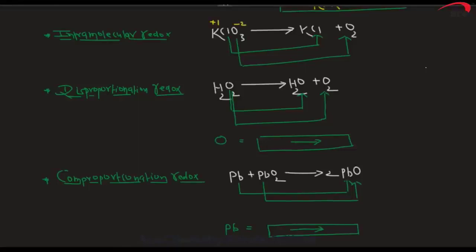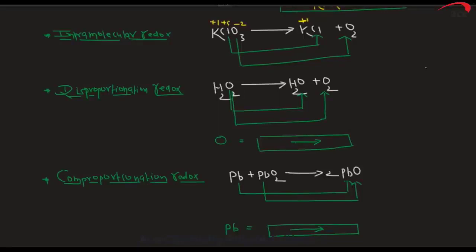Here the charge of chlorine should be +5. Now KClO3 is undergoing decomposition since there is one reactant giving 2 products. So here the charge of potassium does not change. Please remember, if the charge of any chemical species in a redox reaction does not change, that species is referred to as a spectator ion. You got this? That is referred to as what? Spectator ions.